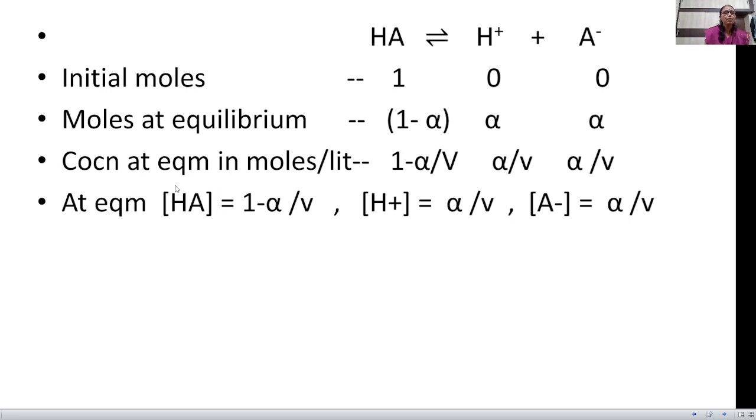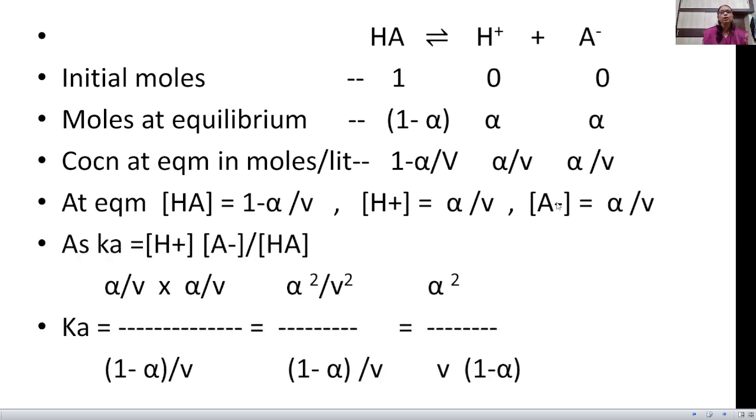At equilibrium, molar concentration of HA is 1 minus alpha upon phi. Same written here but in the square bracket. Molar concentration of H plus equal to alpha upon phi and molar concentration of A minus is also equal to alpha upon phi.